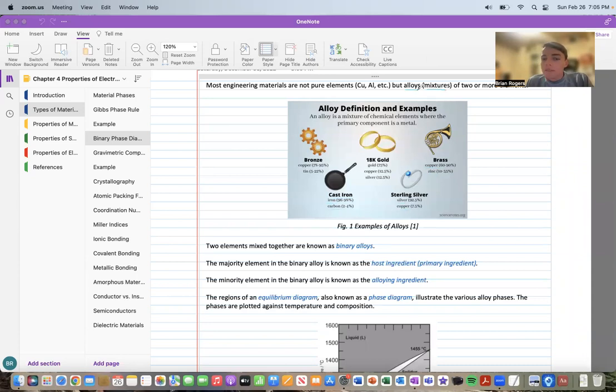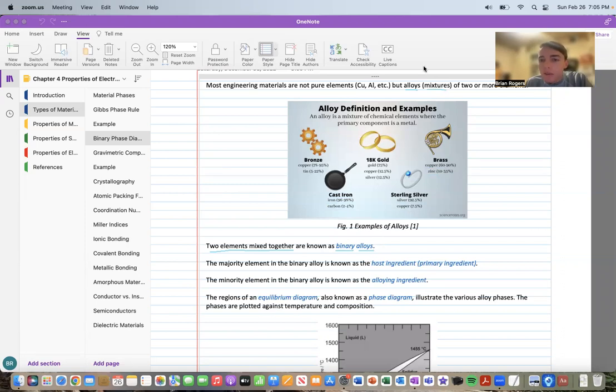And so what we're going to see is when we have 2 elements mixed together, this is a mixture, so it's an alloy, right? But it's 2 elements. So that's where the term binary comes in. Binary represents 2. And so 2 elements mixed together, that's what a binary alloy means.